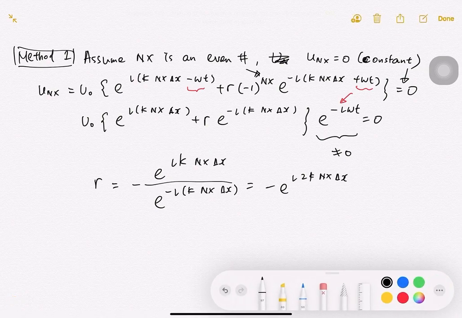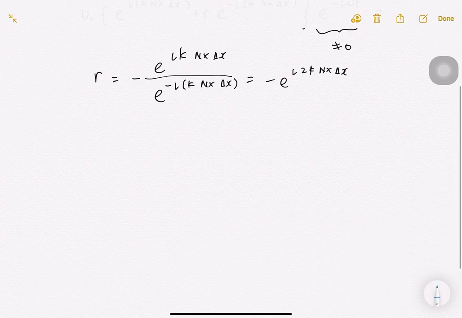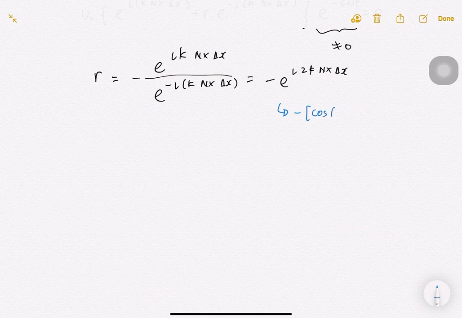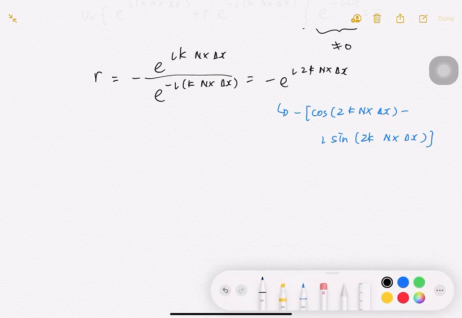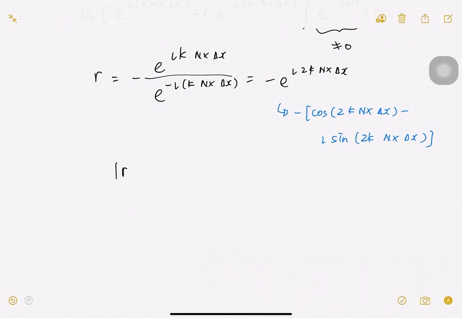So what we know here is that this equals minus cosine 2k nx delta x, minus iota sine 2k nx delta x. It's a complex number, but we know the magnitude of this.